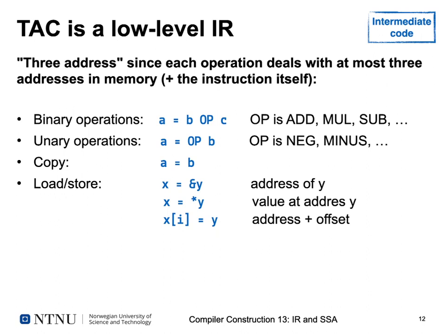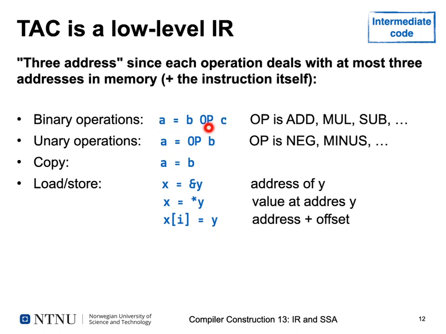So our 3-address code is actually a form of a low-level intermediate representation, and we've seen that we deal with at most 3 addresses in memory plus the instruction itself. And so we can have different forms in our simple example intermediate representation. So binary operations have the form we've seen already.